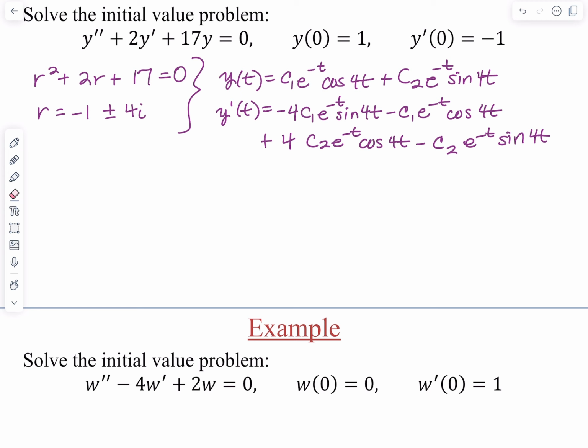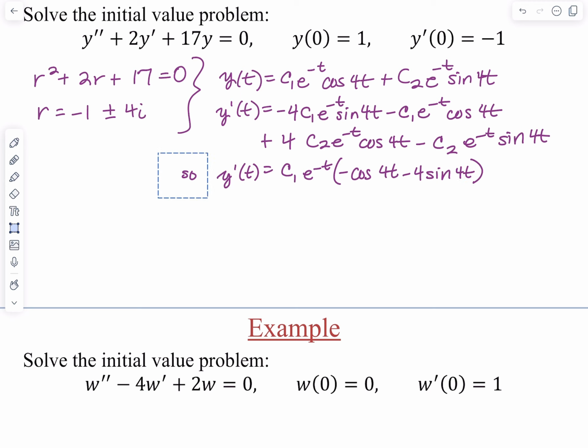So let's see if we can simplify that a little bit, and we could go ahead and factor out a c1 e to the negative t. And what you'll see we'll have left would be the negative cosine of 4t minus 4 sine of 4t.